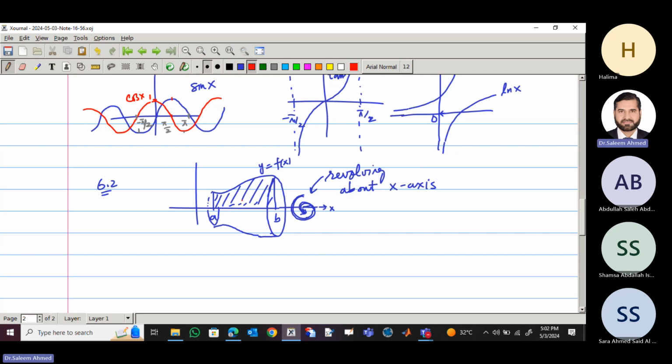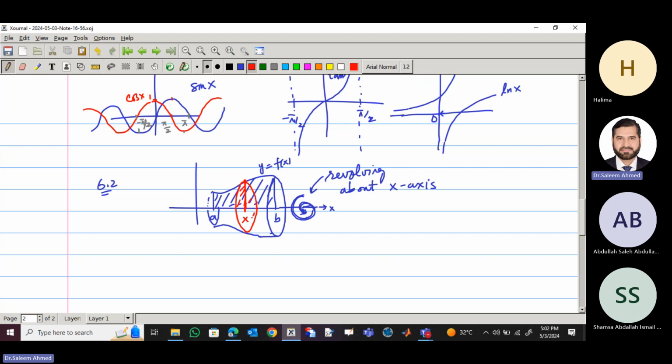If I take any point here between a and b, I will get this radius, because this point on the curve comes down and goes back up. It becomes a circle here whose radius is this height. At any point x, my function gives me this height f of x. So the radius is f of x.